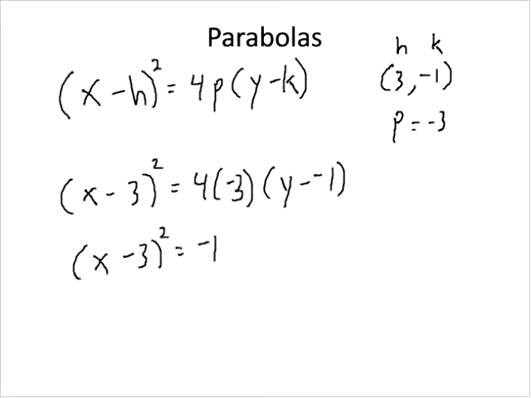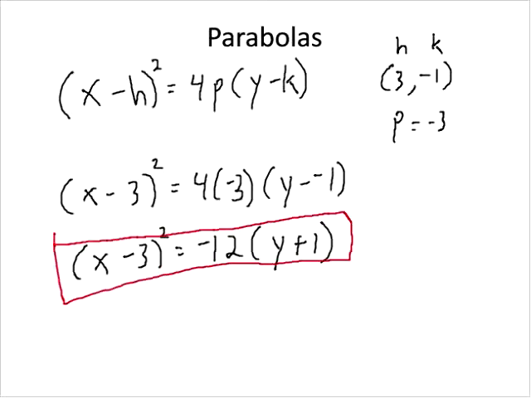How about I write it out this way? x minus 3 squared equals negative 12 times y plus 1. Okay? There, I've done it. I've written it out in the right format. So here is the equation of the parabola that satisfies the given information of the focus and the directrix. All right. Stop there.